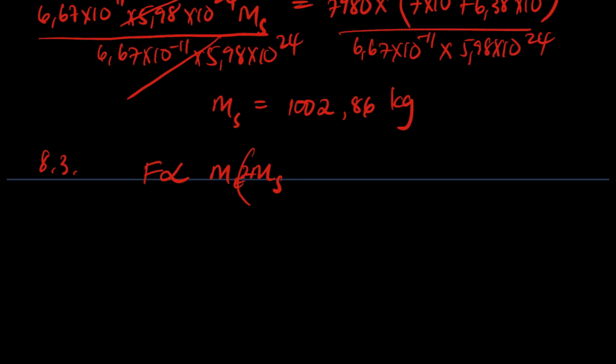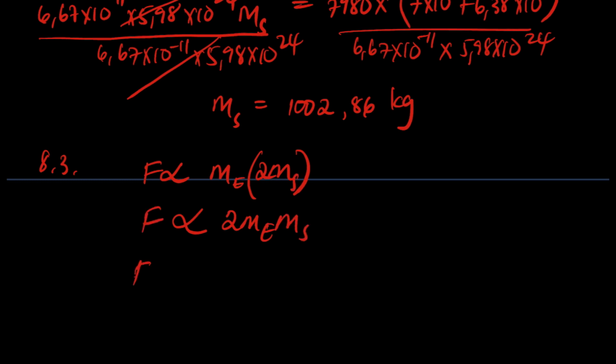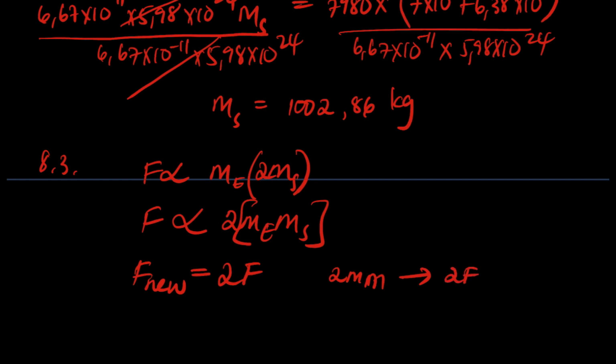So if the mass of the satellite is doubled, that means the product, Earth times satellite, is doubled. So the new force will be equal to 2F. If you double the mass, the product of the masses is doubled, and the force will also be doubled because they're directly proportional.